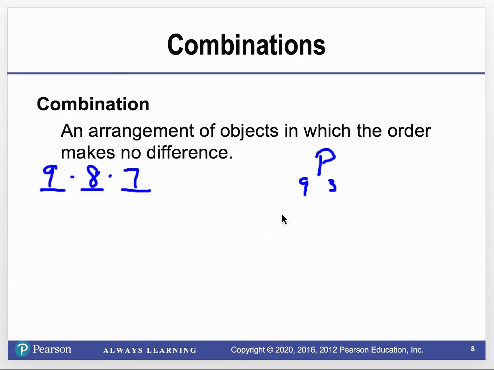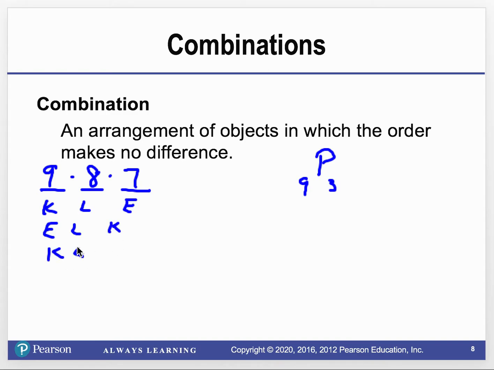Now here's the difference. What if I said, how many different ways can I send 3 of you to the library? In that, let's say this is Chrissy, Luz, and Emma is one line, right? And Emma, Luz, and Chrissy is a different line.